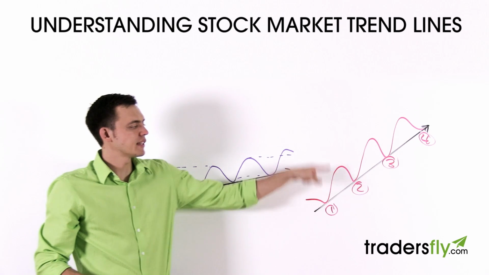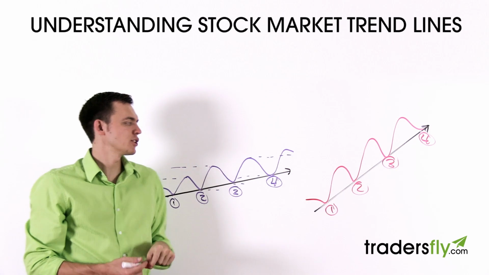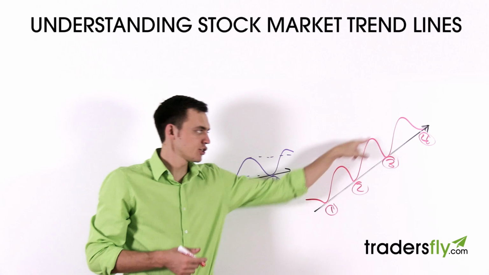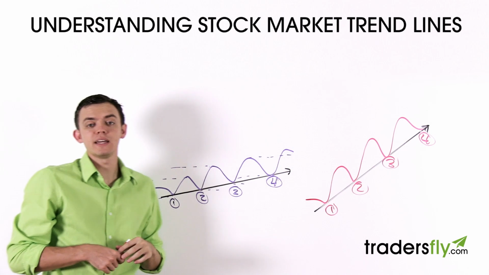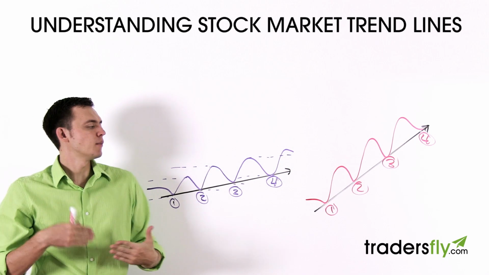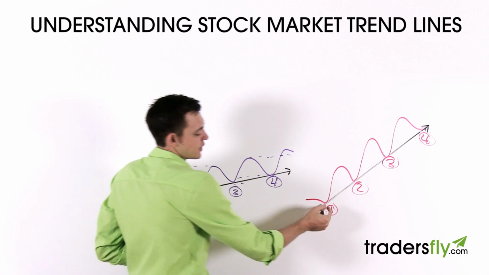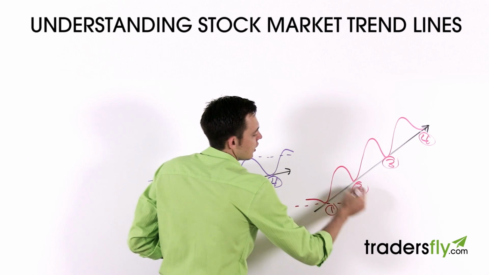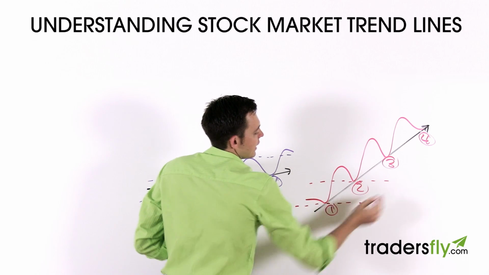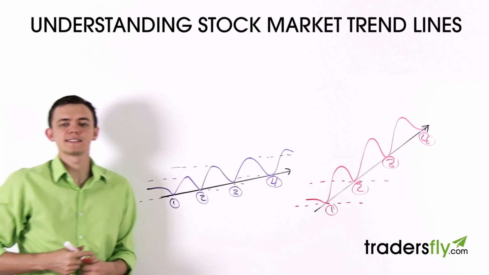On the second one, the slope is so much greater that price is running through all the different prices a lot quicker. So for it to have support and resistance at this level or this level, it's very weak support and resistance.